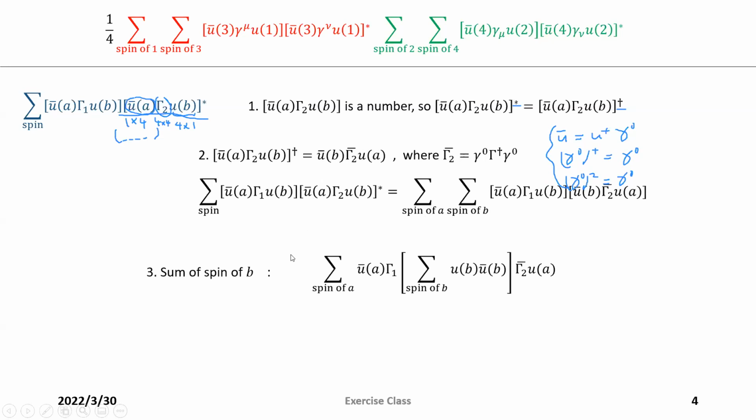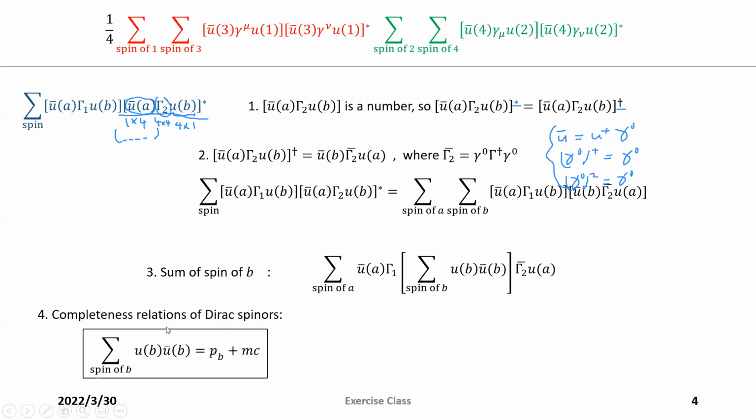And the third step is to do the summation on the spin of b. So we can move the summation inside to the middle and consider the summation here. And then we can use the completeness relations of the Dirac spinors. I think the professor has proved this in class. And this slash notation means γ^μ p_μ.